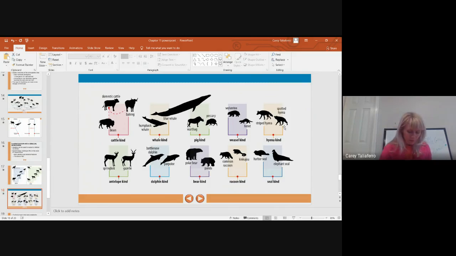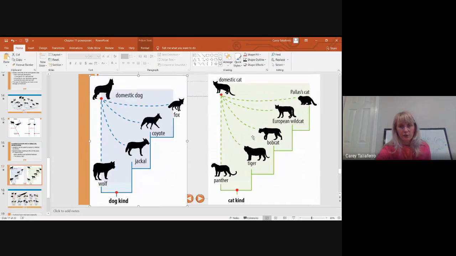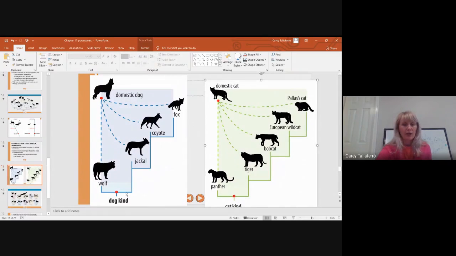Now, let's go to the dogs and the cats. The idea of going back to the flood and to creation itself is that a dog kind did not come from another type of organism, that dogs were dogs, whether it be a wolf or some other wolf-type organism. That was a kind that God created, and that happened in the garden.